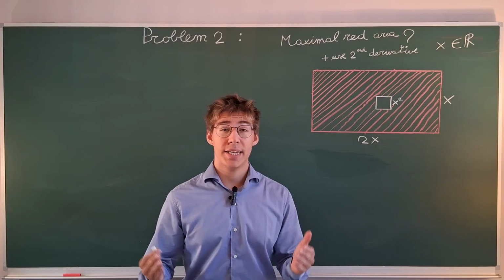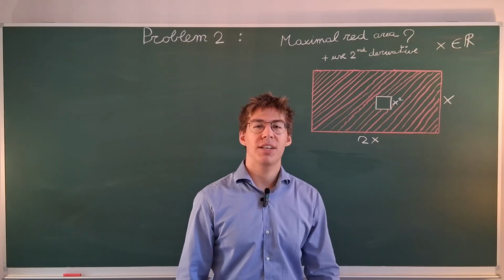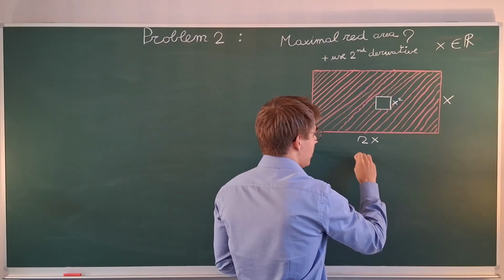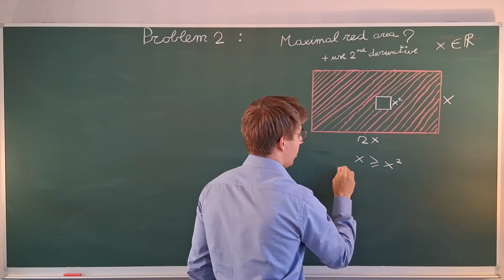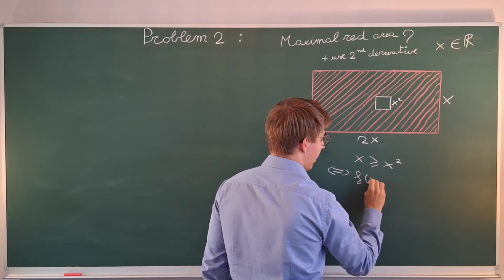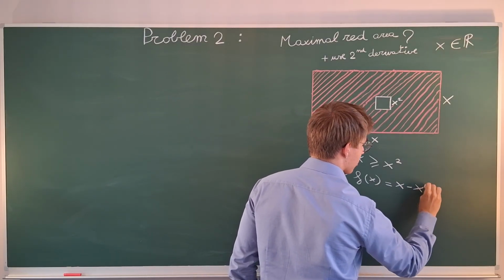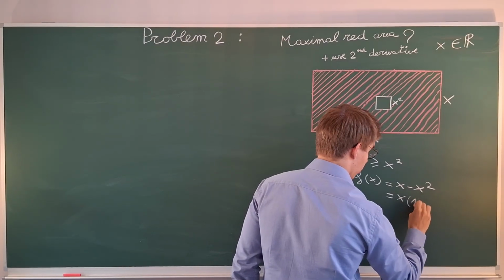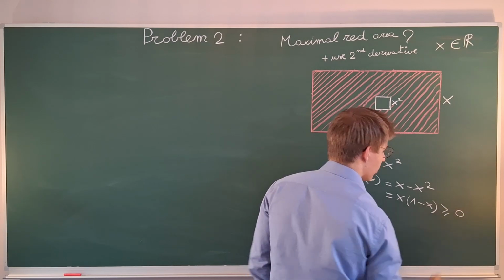For the second problem, we need to find the maximal area of this red region in this picture. Now, first of all, you can see that x must be bigger than or equal to x squared. Now, this means that let's call this f of x, which is equal to x minus x squared, which we can write as x times 1 minus x, should be greater than or equal to 0.